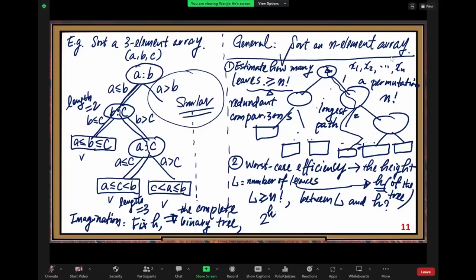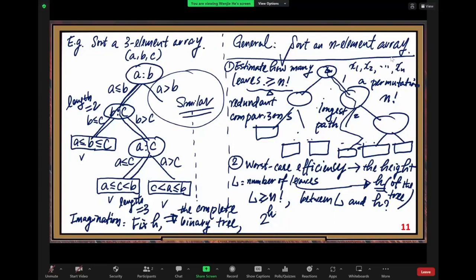If you count from the root, if the root already touched the ground, if the root is a leaf, then you have 1, 2 to the 0.